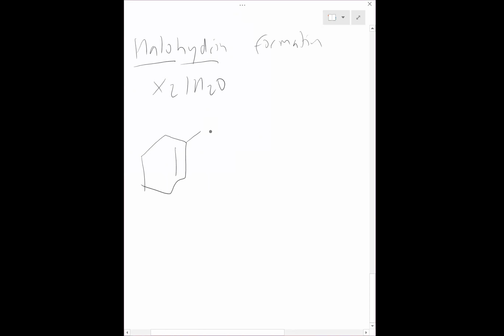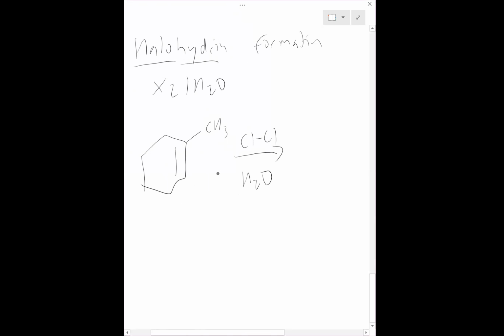Now, if you have something that looks like this, and you have Cl2, H2O, how does this reaction happen? Let me show you. Similarly, you're going to have what we just saw.